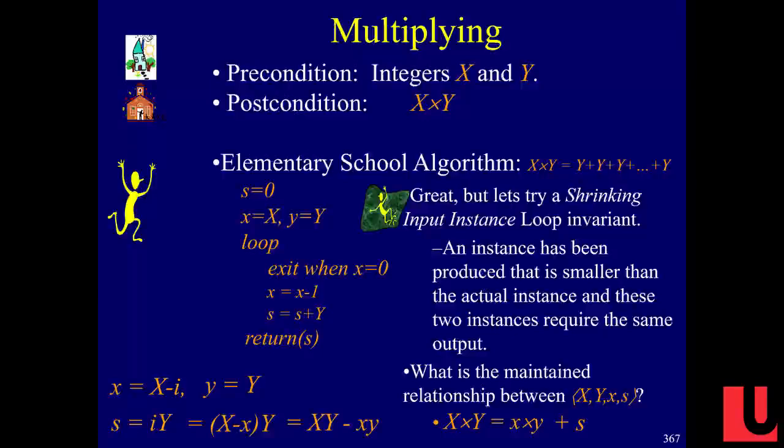The reason I like this loop invariant is because it's kind of like what we were doing with the GCD algorithm. We have little x and little y, and more or less they're the answer we're looking for, except we have this extra s in there. Everybody see this loop invariant? Yeah? Nothing at all.